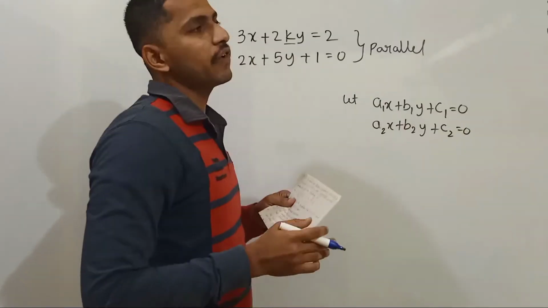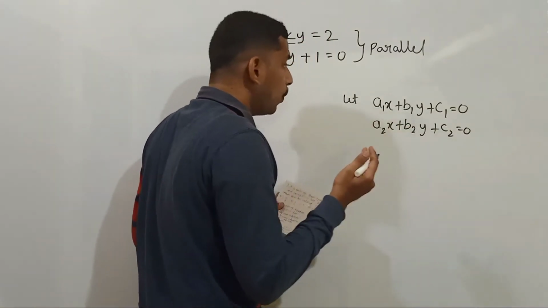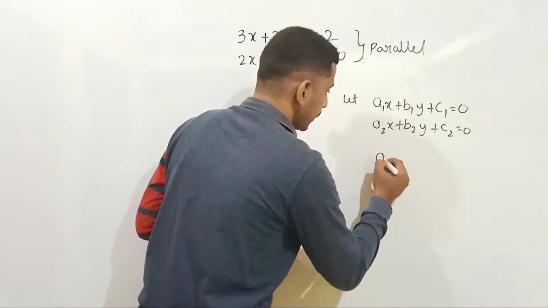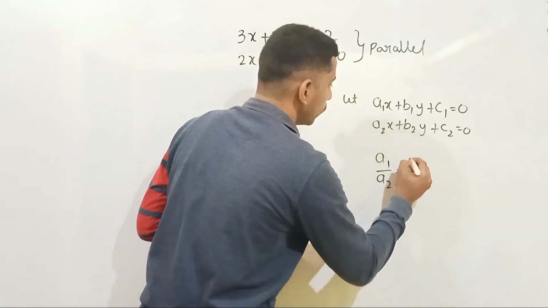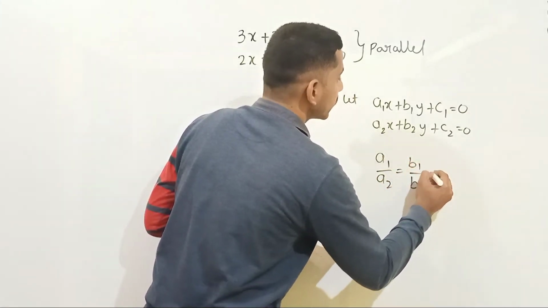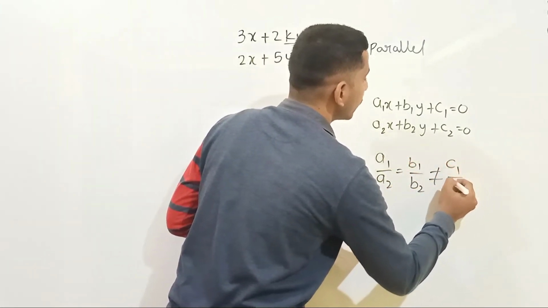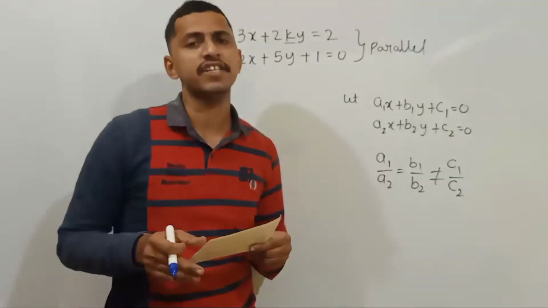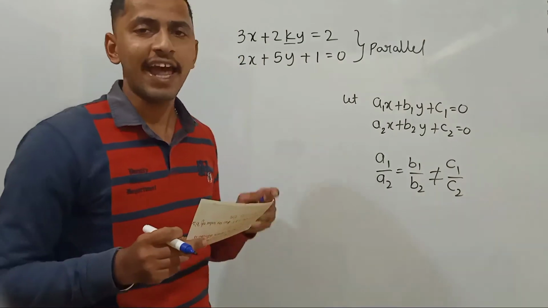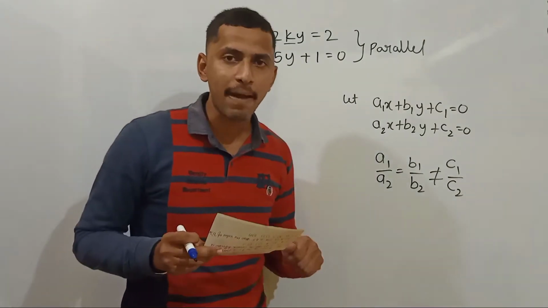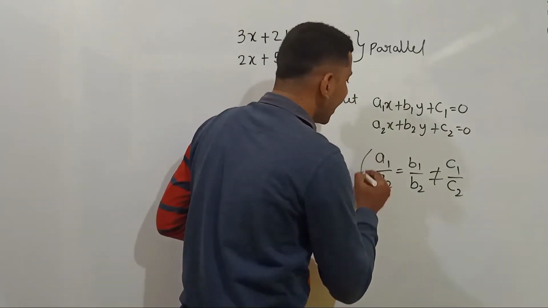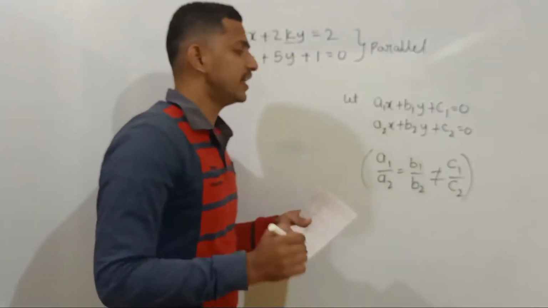When two lines are parallel, the condition is a1 by a2 is equal to b1 by b2 but not equal to c1 by c2. You should know all the three conditions of linear equations: when lines are intersecting, when lines are parallel, and when lines coincide.